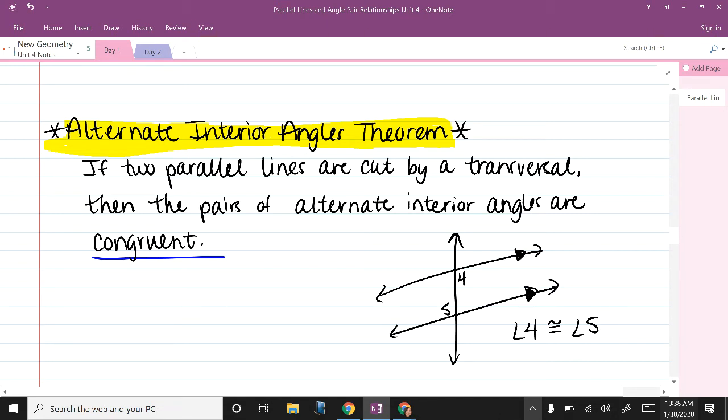Congruent. So corresponding angles are congruent and alternate interior angles are congruent. So highlight or circle the word congruent so that you know to memorize: alternate interior angles are congruent.